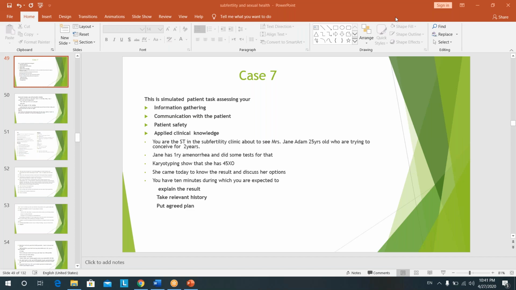Do you have any medical problem like diabetes or increased blood pressure? No. Do you have any surgery before? No. Any family history of diabetes or high blood pressure? No, not at all.